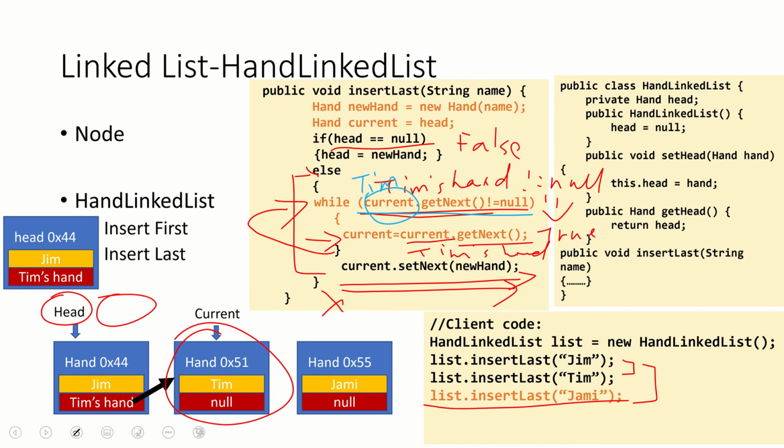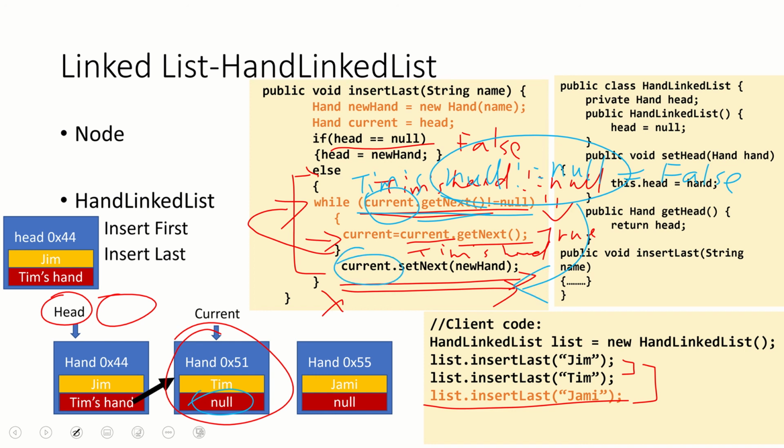Right now it's team. And the team's next, what's the next? It's none, right? And the none is not equal to none. What will be returned? It's a return false.